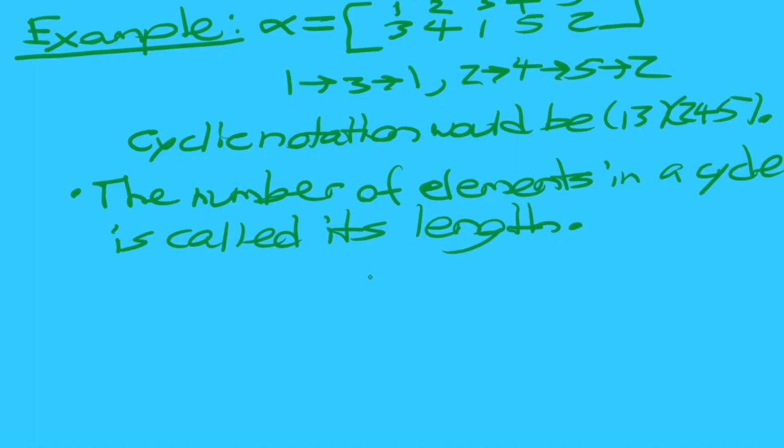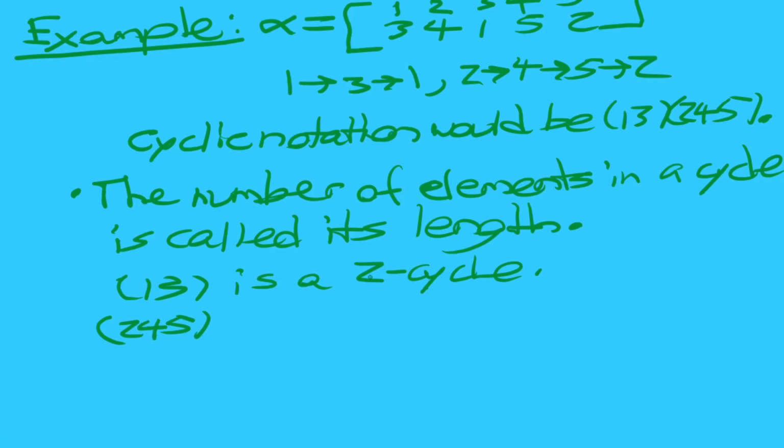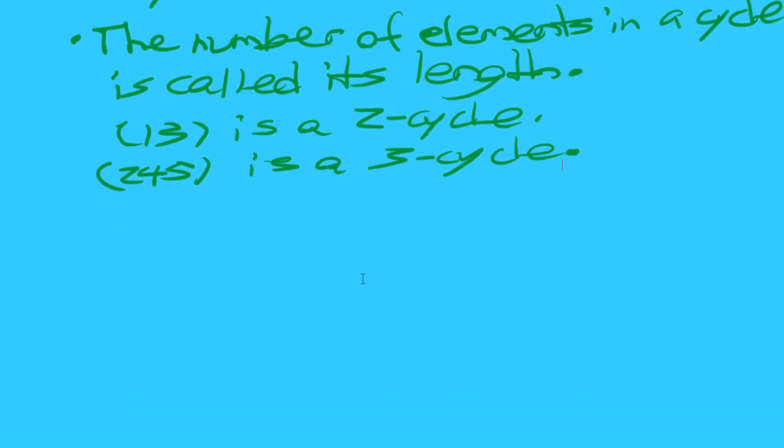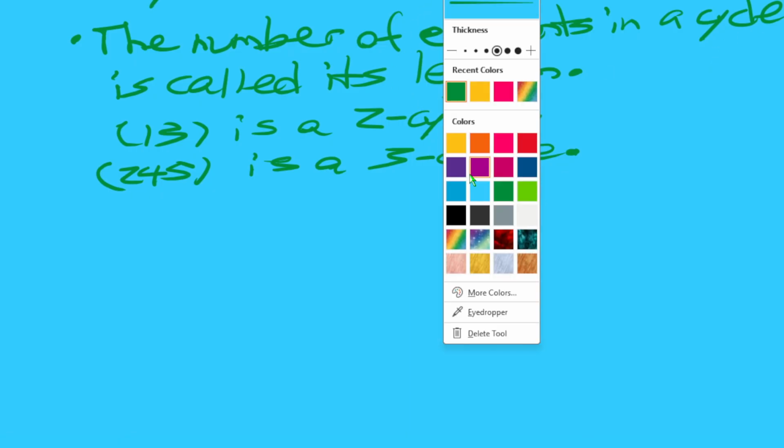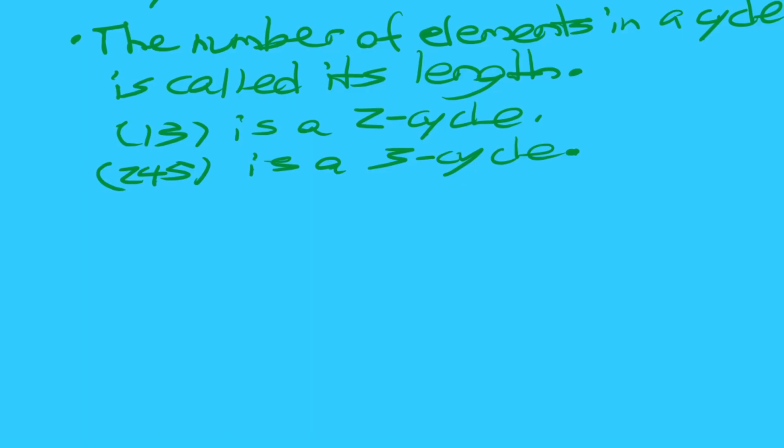So if we look at what we wrote above, (1 3) is a 2 cycle, and then (2 4 5) is a 3 cycle. All right, so that's pretty much all there is to cycles of permutations. Now we're going to look at another topic, but it's very related to what we just talked about, and it is disjoint cycles.